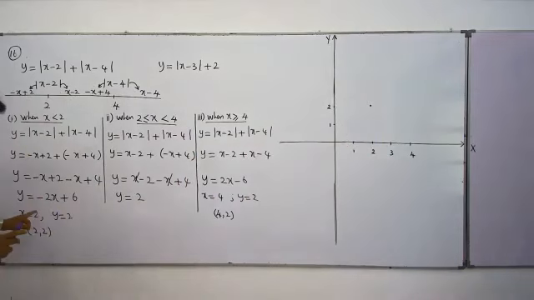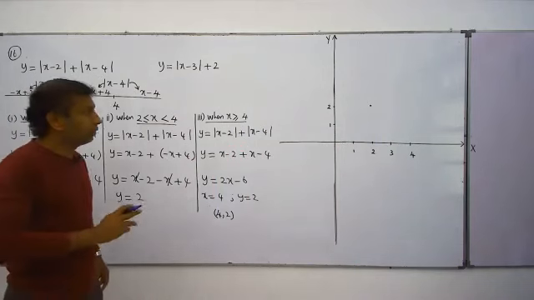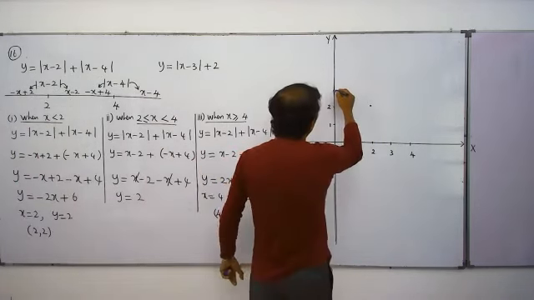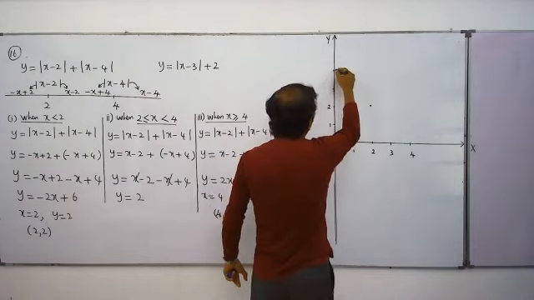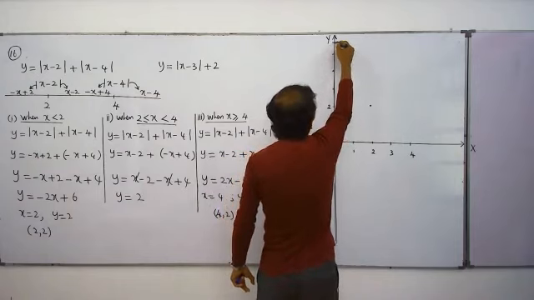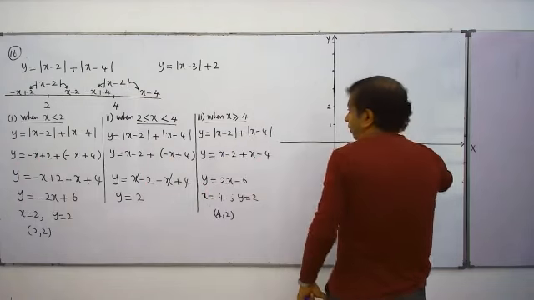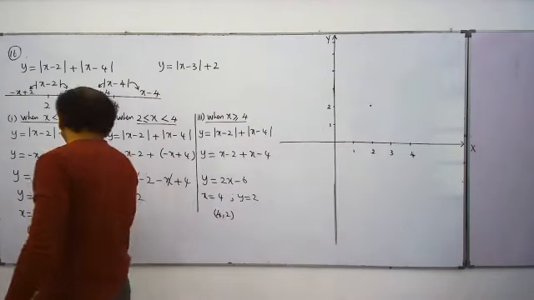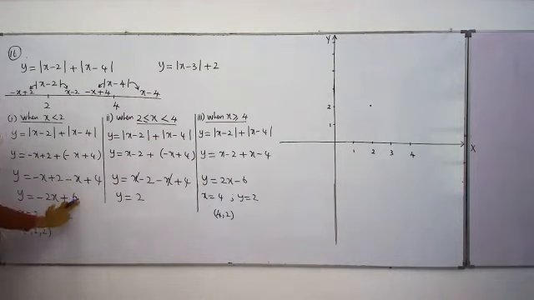This equation, minus 2x plus 6. 1 point is 2, 2. Plus 6 is here. If we mark like this, 3, 4, 5, 6. I take like this. Right. So then the intercept of this is 6, no, people? 1 point is 2, 2.